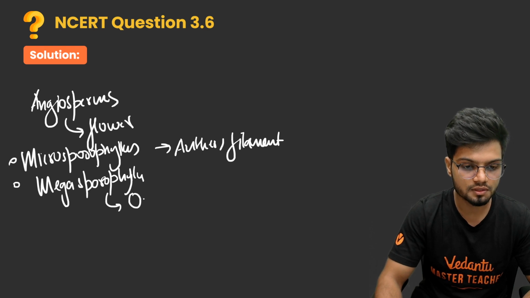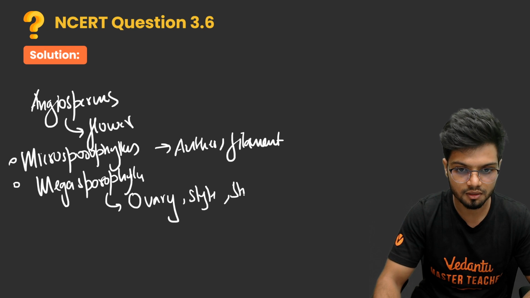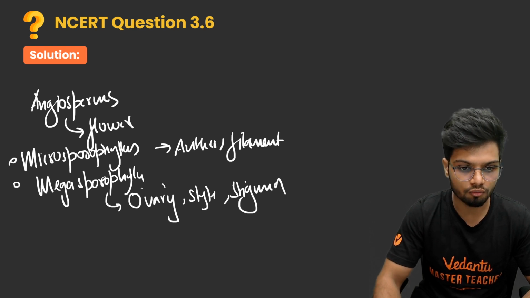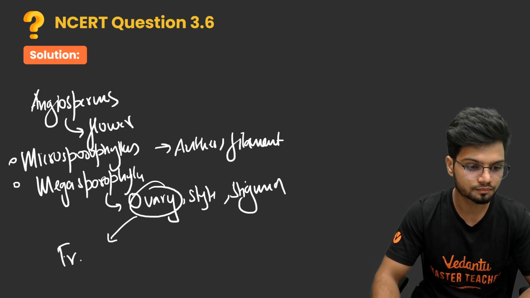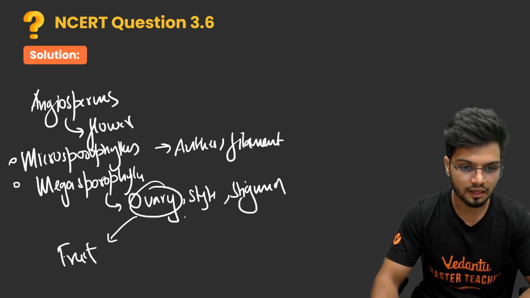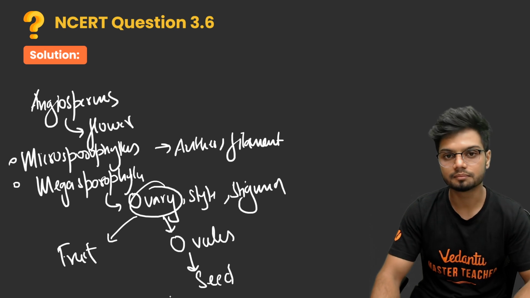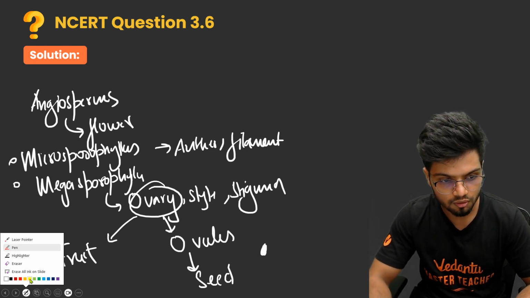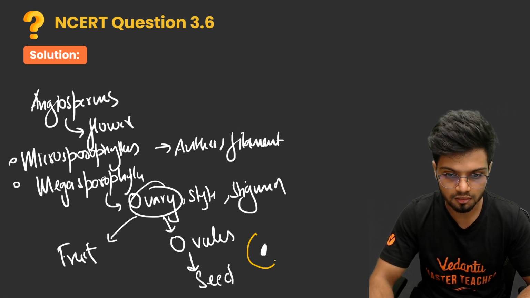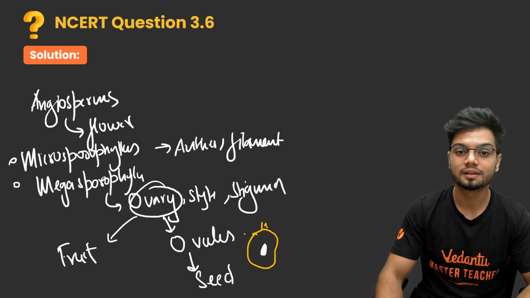The megasporophyll is differentiated into ovary, style, and stigma. So we have the ovary here. After fertilization, the ovary forms the fruit, and inside the ovary we have the ovules which form the seed. So the seeds are now covered by the fruit. That is the major difference.